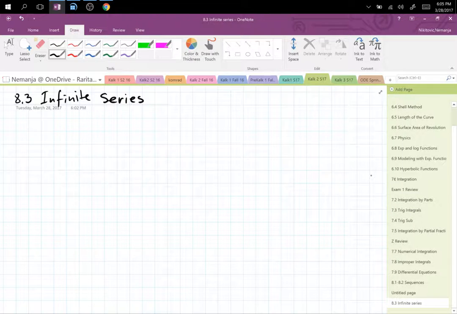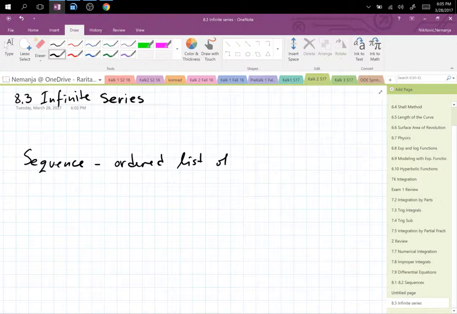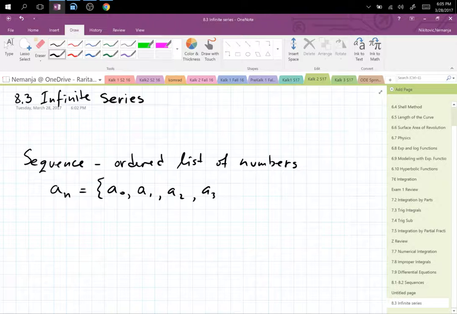So we had a sequence defined as an ordered list of numbers. And then we had, let's say, a_n that you would write as a0, a1, a2, a3, and so on, going to infinity.